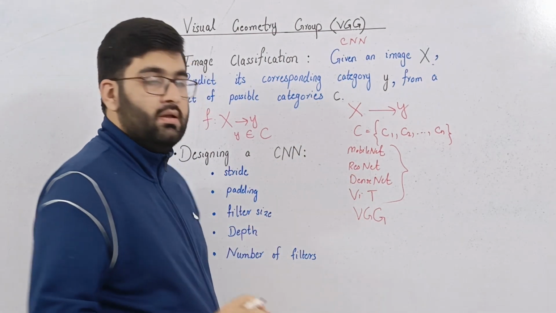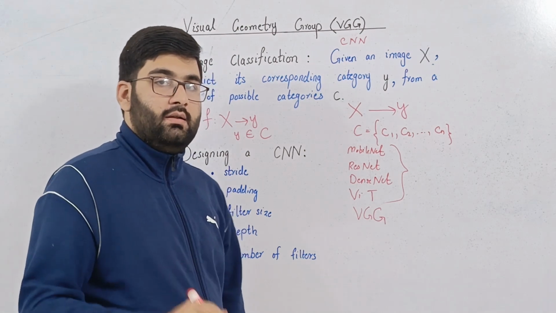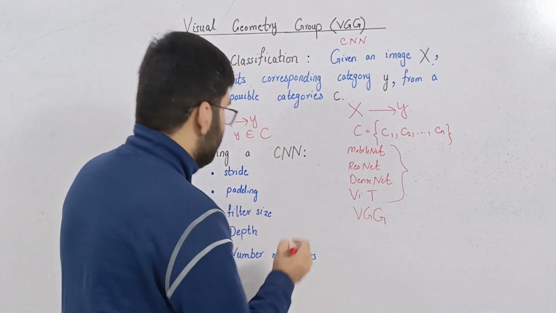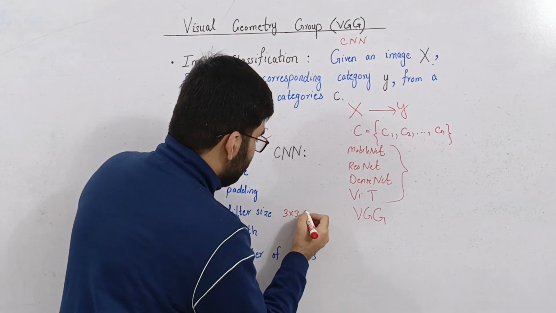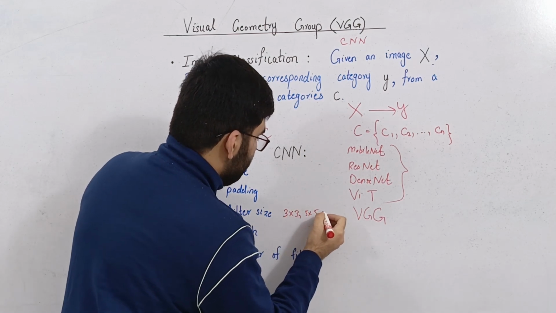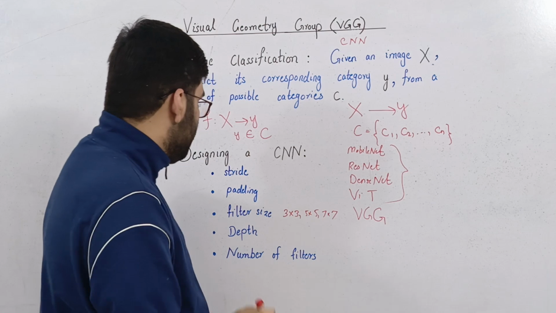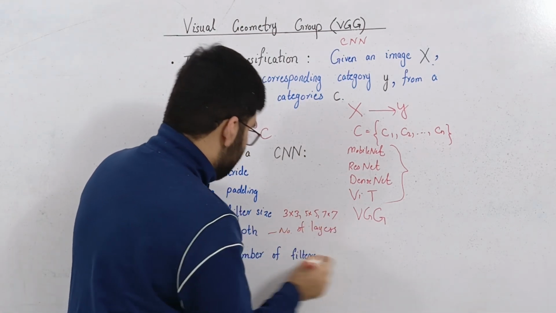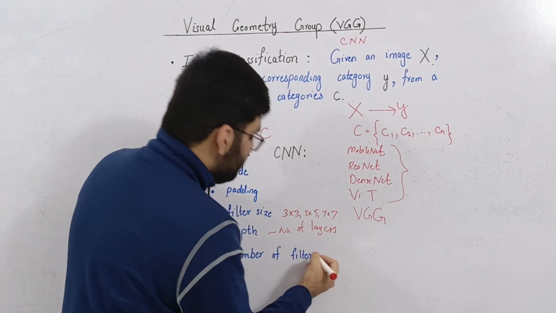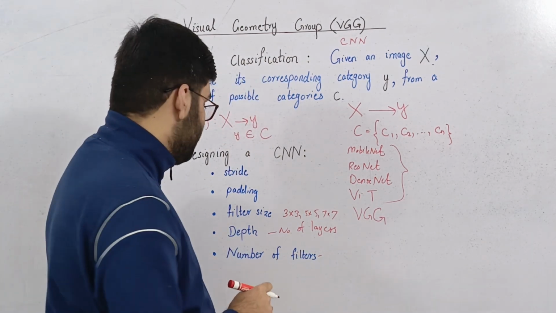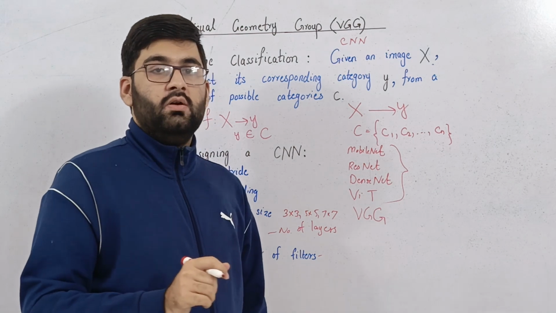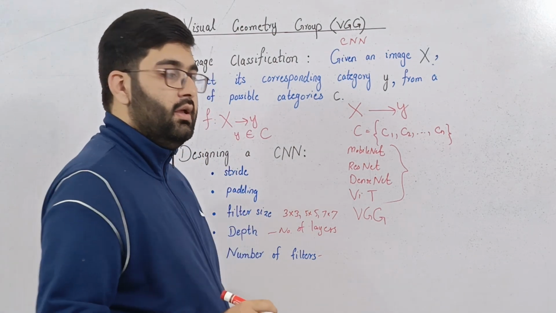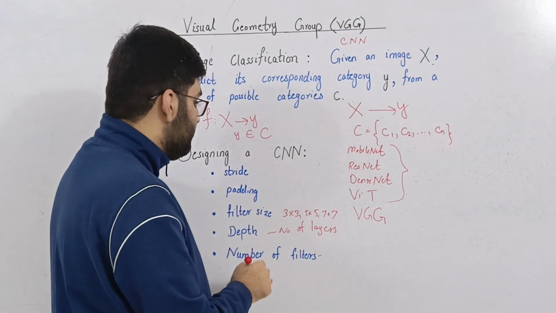Filter size means the size of the kernel that is being applied on the image. It can be 3 by 3, 5 by 5, 7 by 7 and so on. Depth means the number of layers. And another parameter is the number of filters in each layer of the convolutional neural network. So we can adjust these 5 designs.